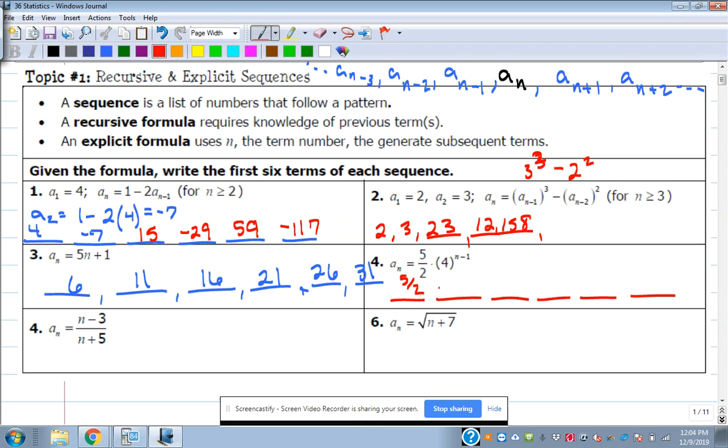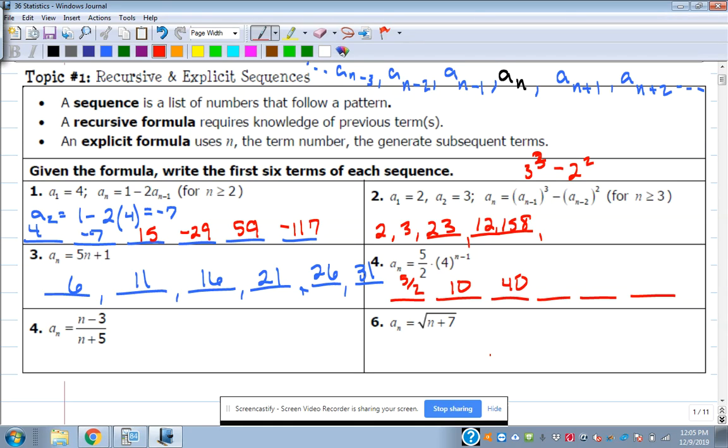And then plug in a 2. 4 to the first power times 5 over 2 would be 20 over 2, which is 10. Plug in a 3. 4 squared is 16. Half of 16 is 8 times 5 is 40.